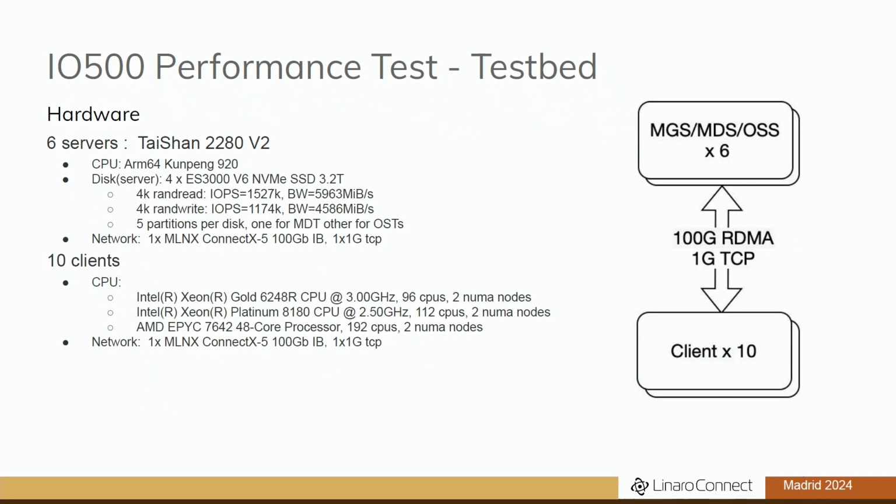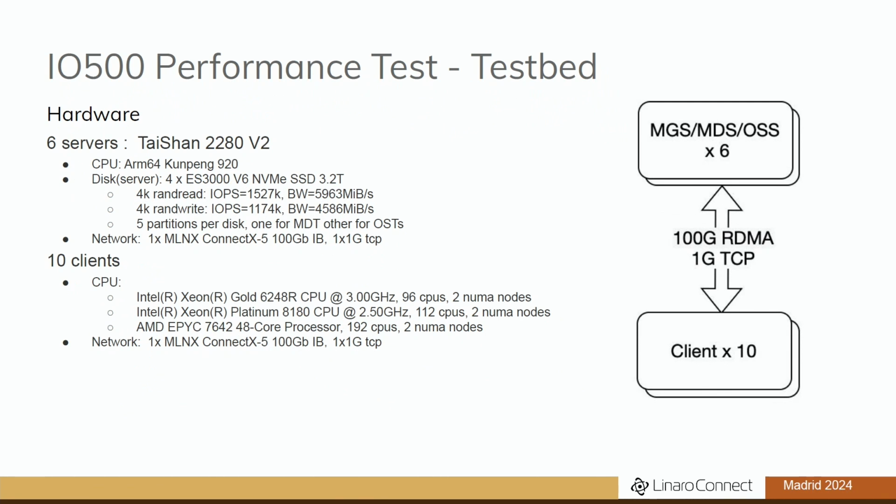Yeah, this is our test bed. Hardware part. In the server end, we have 6 ARM servers. In the client end, we have 10 clients, and they connect with each other with the 100 Gb IP network.